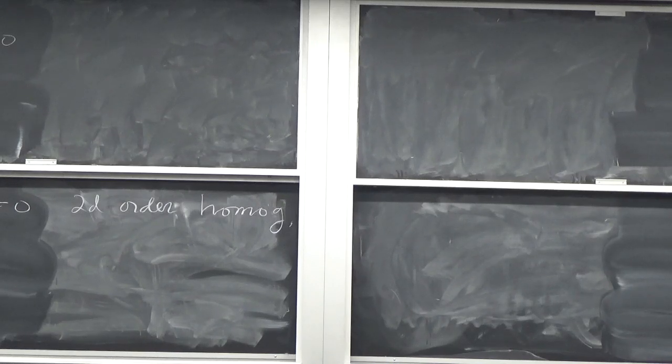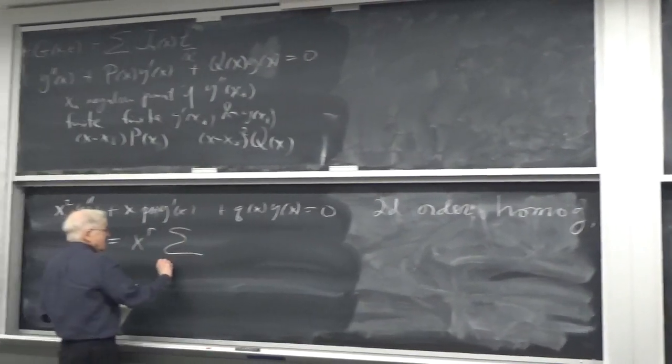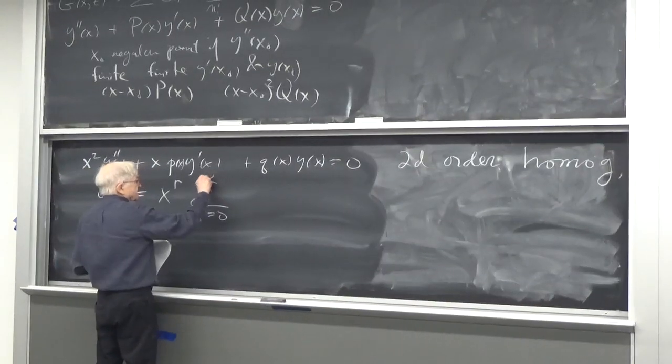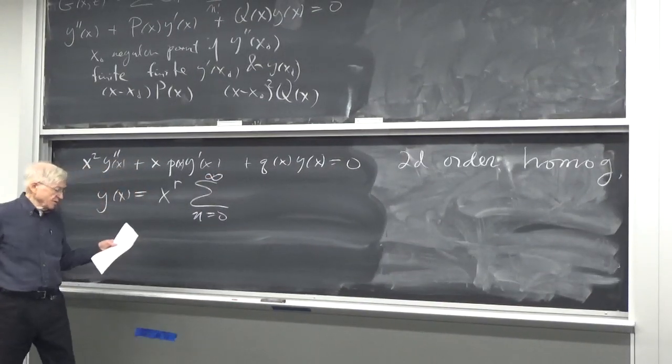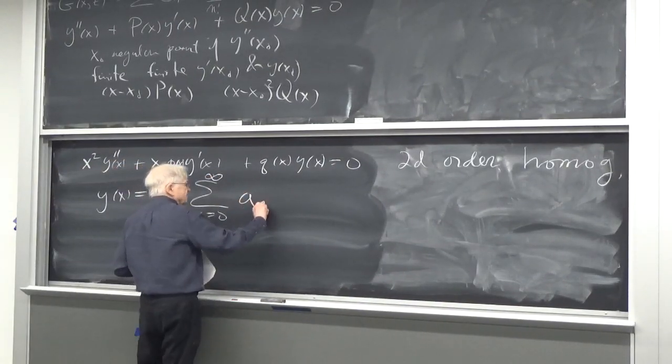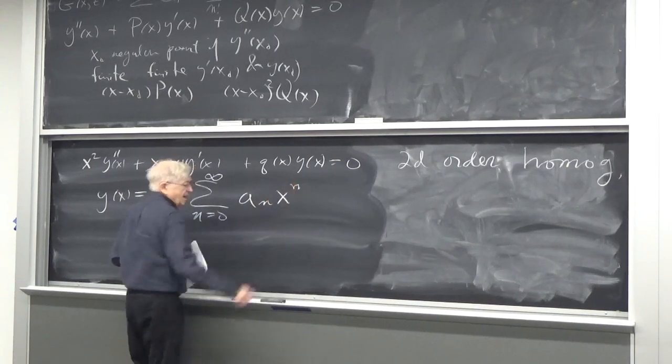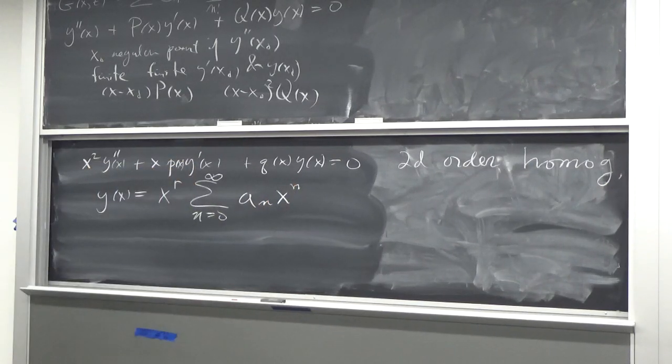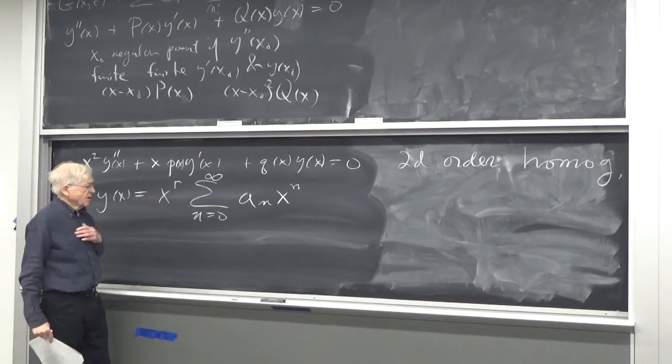So what Frobenius did is write the solution as x to the r, and then a power series, n going from 0 to infinity, some coefficients. And then he showed that one could solve for the coefficients, and one could solve for x to the r.